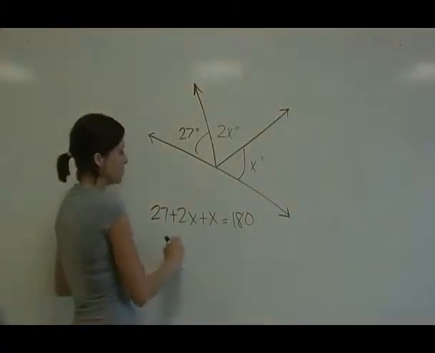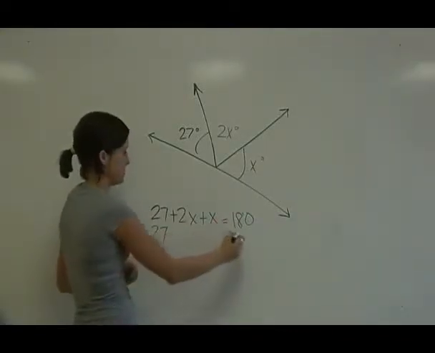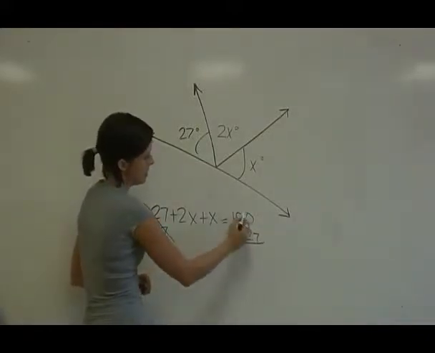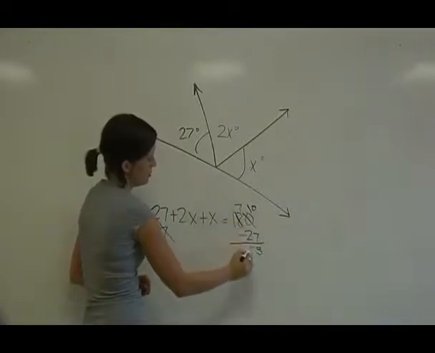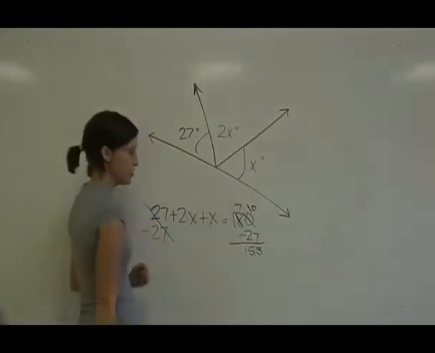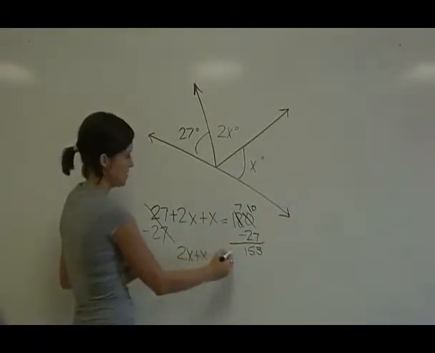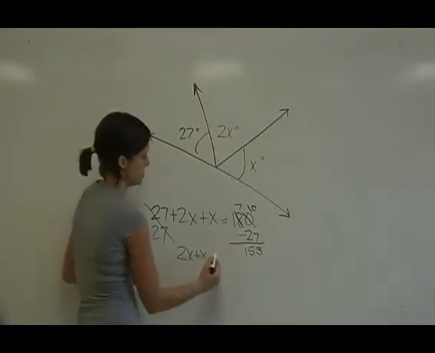So we have 27 on this side, and we need to get it to the other side. So we'll subtract 27 from both sides of the equation. Here it cancels out. Here we get 3, 5, so we get 153. So we have 2x plus x equals 153. I'll write it over here so it's easier.